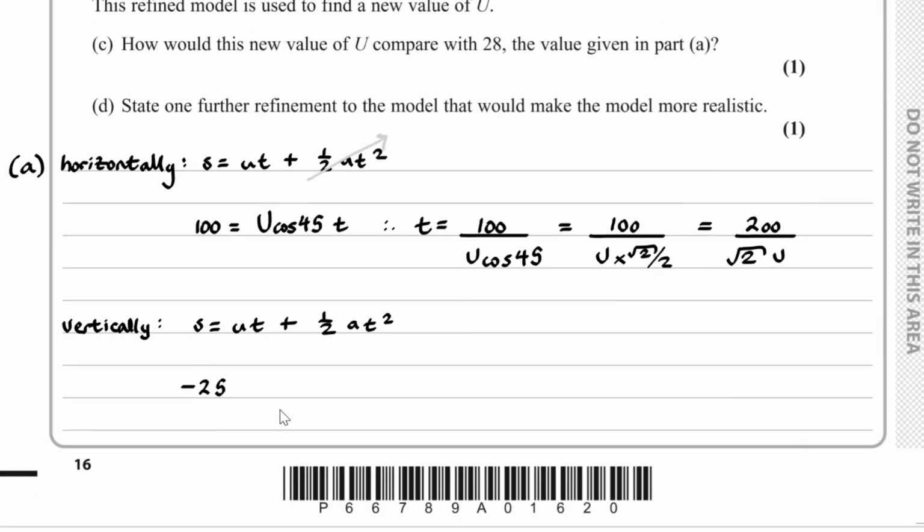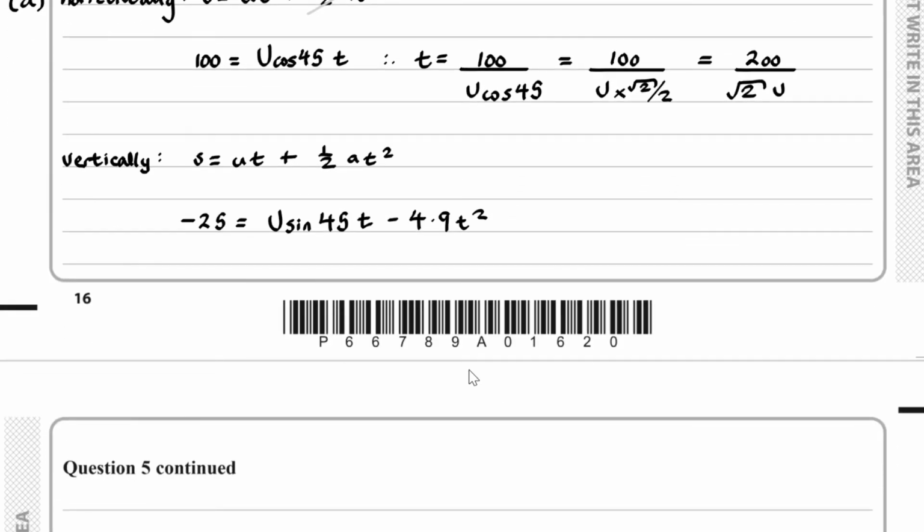So S is equal to minus 25, and this is equal to u, the vertical component, u sine 45 multiplied by t. Now here, 1/2 times a, that will be minus 4.9 t squared. Obviously we take upwards as positive, so gravity acting downwards will be negative. And we already know what t is.